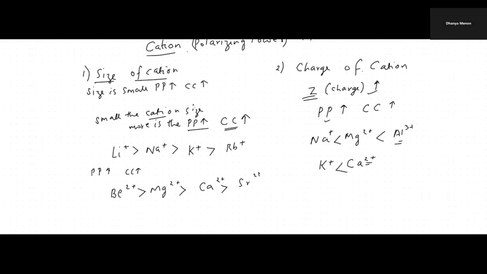So it will attract the electrons more strongly than potassium. Right? I hope till here it is clear. So if the polarizing power is more, it will distort the electron cloud of the anion more, so covalent character increases. Okay, so these are the two factors. Now we move on to our third factor.